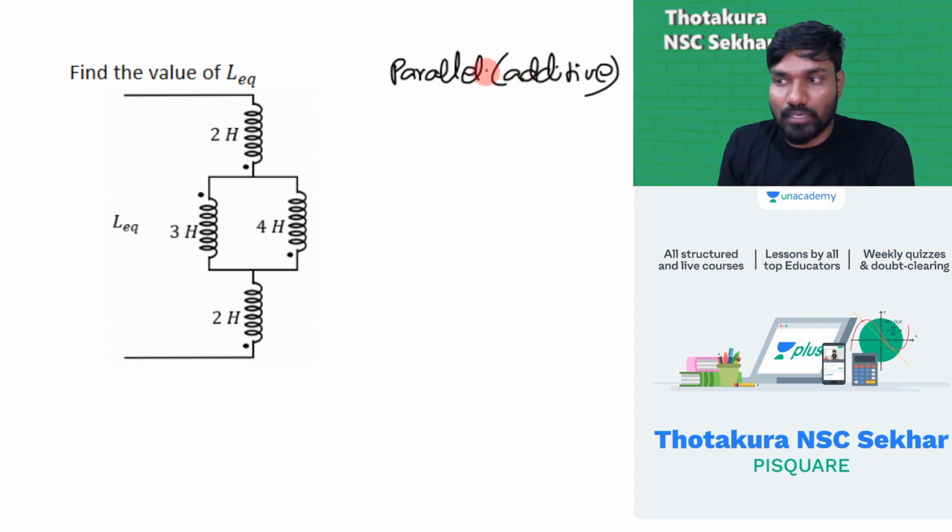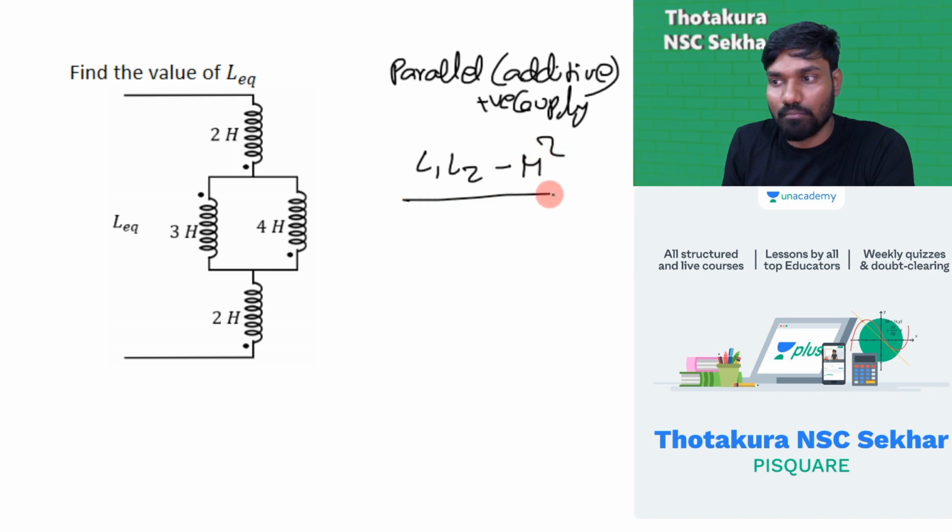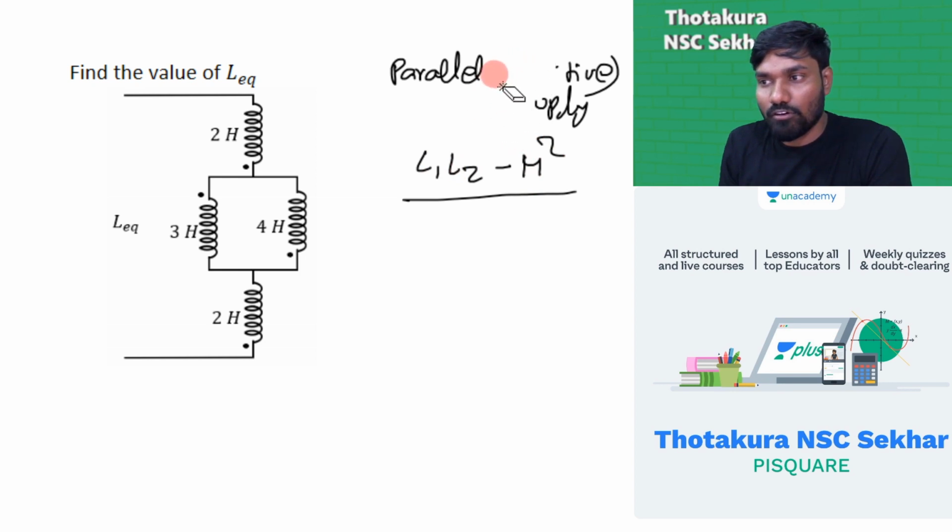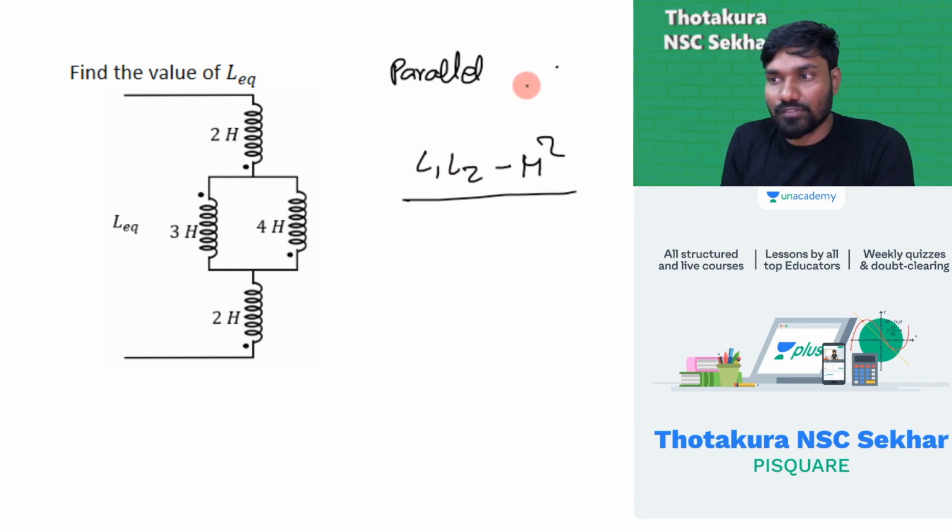Then that's a positive coupling. Magnetic parallel with positive coupling. That's what it means. The formula is L1 L2 minus M square by, this is fixed. Either positive coupling or negative coupling, this black part is fixed.